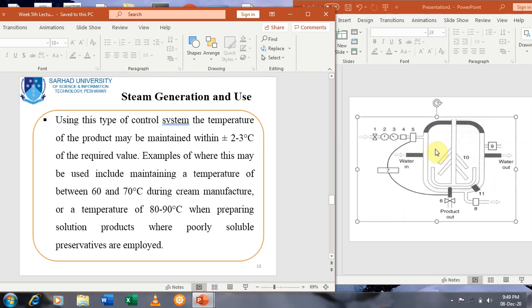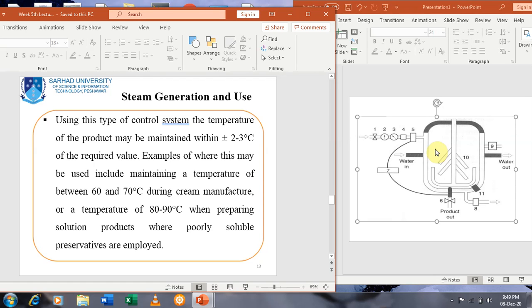If we consider plus or minus 2 degrees centigrade and we require 70 degrees centigrade, then it may be 68 to 72 degrees centigrade, or, with plus or minus 3, 67 to 73 degrees centigrade. The range may be within plus or minus 2 degrees centigrade.